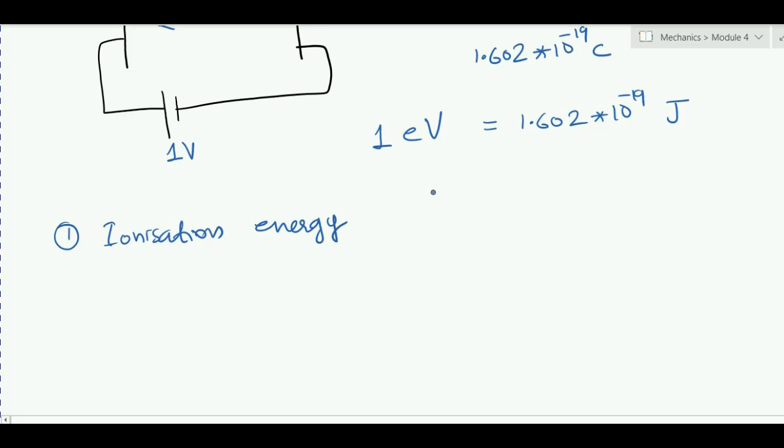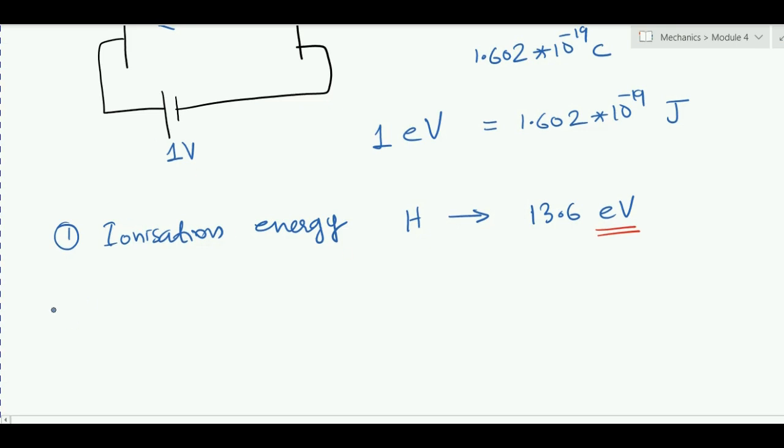In the case of hydrogen, the ionization energy is 13.6 electron volt. You probably know this. This is usually written in terms of electron volt, not in joule, not in erg, not in any other units. So this is the convenient unit.